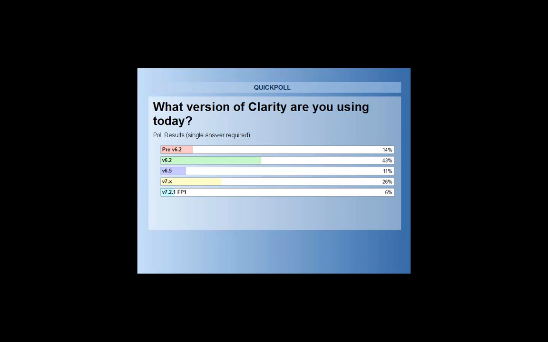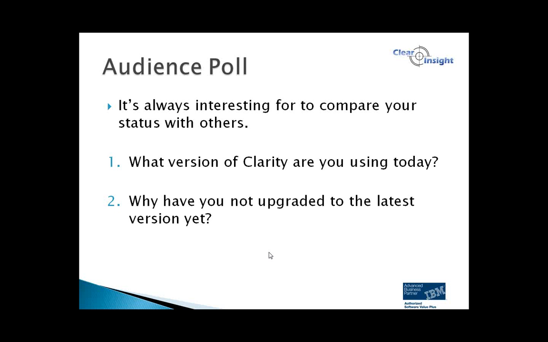And you can see from the results there where folks are at. Very interesting. I can't see it too well myself, actually. But many of you are on the earlier versions. And so hopefully this is helping you with that. Okay, so you're not quite at the latest version. Let's open up the second poll and get an understanding of why you have not upgraded yet.